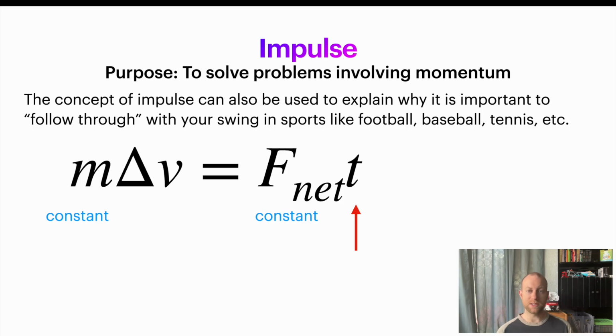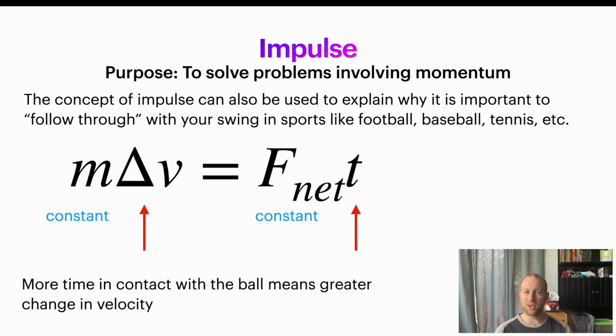If time increases, the right-hand side of this equation gets bigger. Therefore, your change in velocity gets bigger. The more time you're in contact with the ball, the greater the change in velocity, and the bigger the change in velocity, the better it is in sports, usually, not always, but for the most part. So that's why you're told to follow through with your swing.